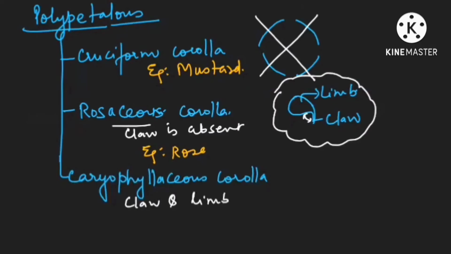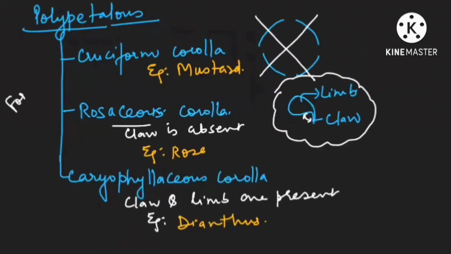Both are present at 90-degree angle. An example is your dianthus. So these are the forms of corolla in polypetalous condition.